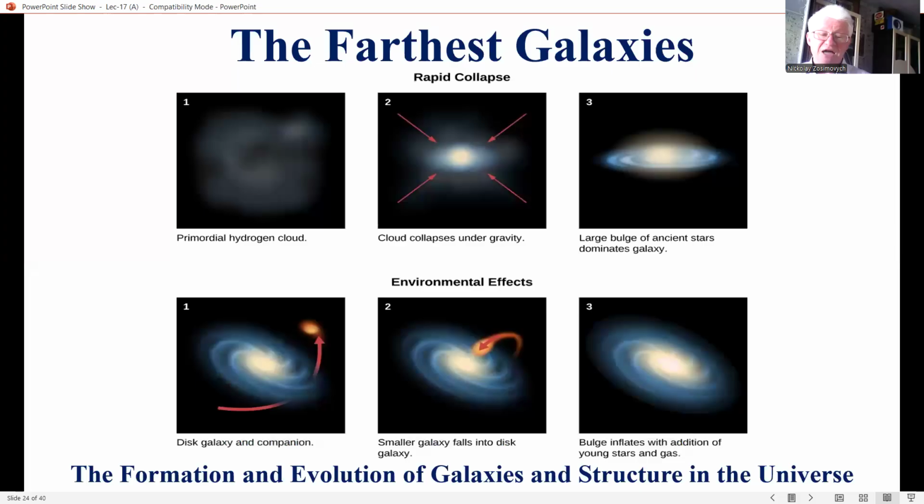Observations with the largest and most sophisticated telescopes are taking astronomers back to the age of galaxy formation. At great distances, the look-back time is so large that they see the universe as it was soon after the galaxies began to form.